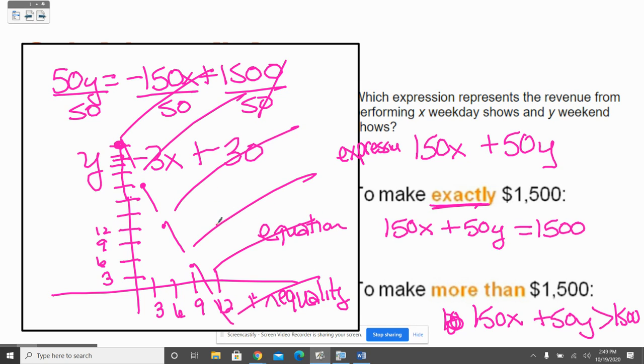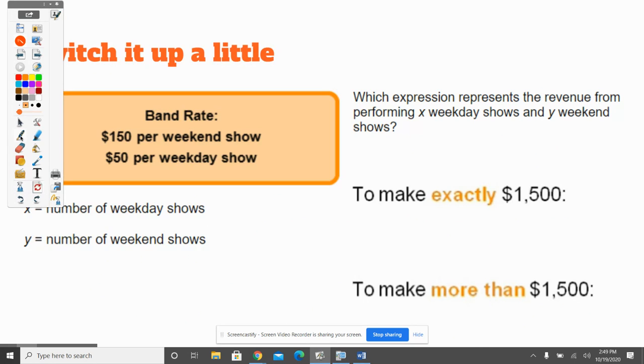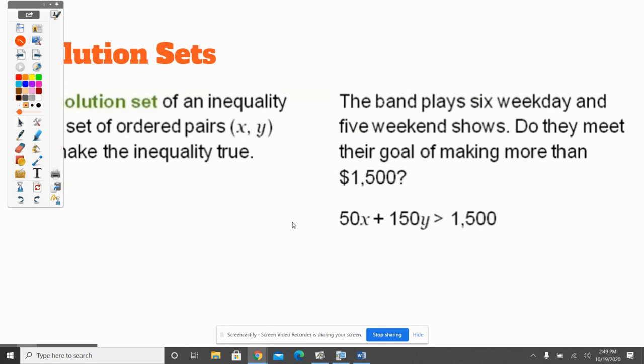So all of these are the solutions that would make me more than $1,500. If you picked a number here like 3 weekend shows and 3 weekday shows, or 3 weekday and 12 weekend, these will not get me enough money. These will get me enough money up here. And they don't do a lot of graphing, shockingly, in the lesson itself. I think we're doing more with the equations, but that's kind of what we're looking at today.